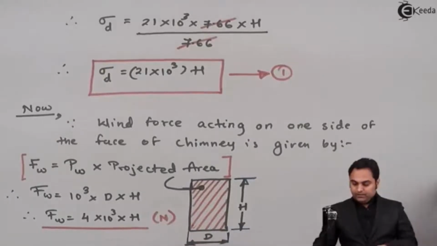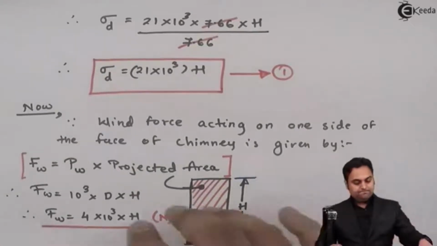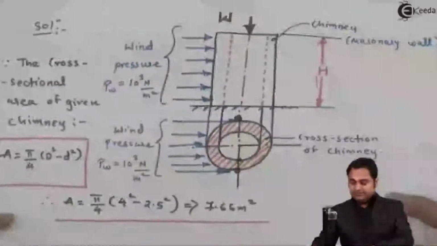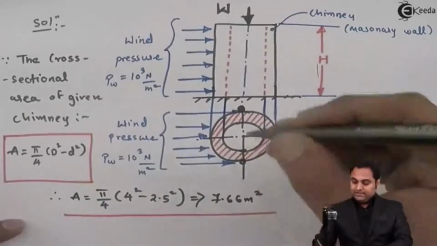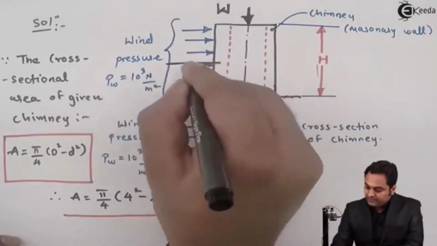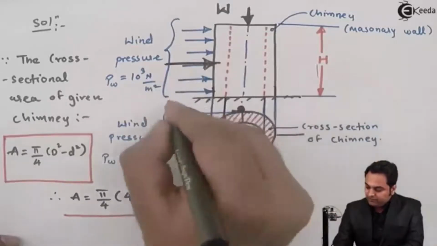Now after getting the wind force, this wind force acts at a distance of h by 2 from base, or we can say h by 2 from top, so it is acting directly at half of the height.